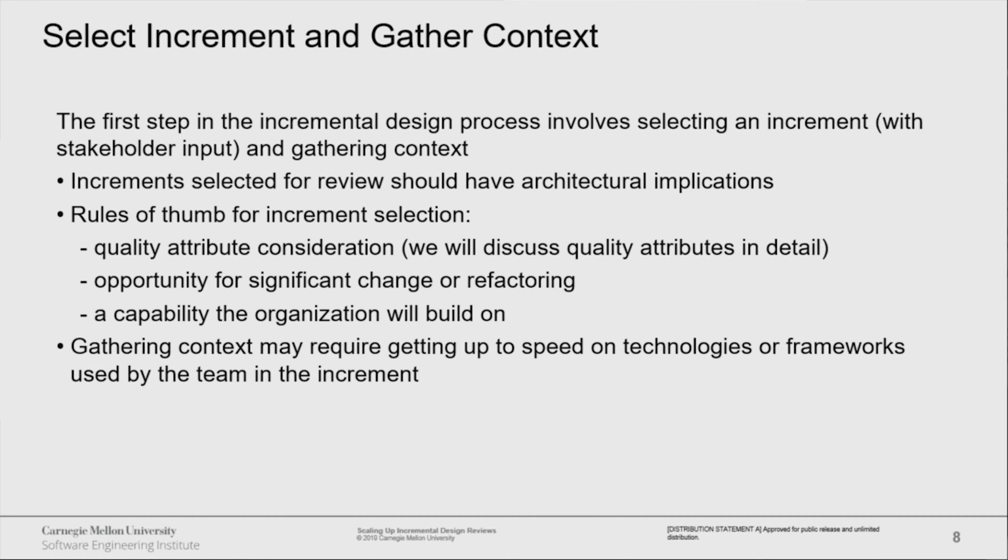So you may define an increment, or you may call it release, or next product version, or whatever you call it. But there is something that will change, which has a design change in there. If it's just staying within the design, just adding a new feature that doesn't change the design, it doesn't really make sense to do a review for that. So the assumption is something in the design has to change to accommodate something.